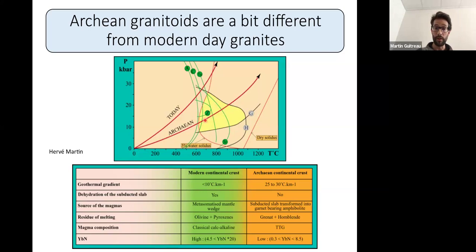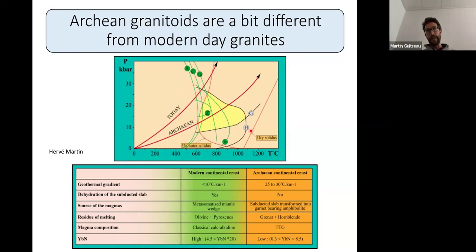So this would occur in this yellow field, and all the green curves are the dehydration reaction curves, where you have actinolite, chlorite, talc, zoisite, tremolite. So all the minerals that will provide water and will promote melting will actually be present. Rather than in the present day, where you will basically reach the solidus, which is in red here, where you would actually melt, but the slab would be essentially anhydrous, so it couldn't melt.